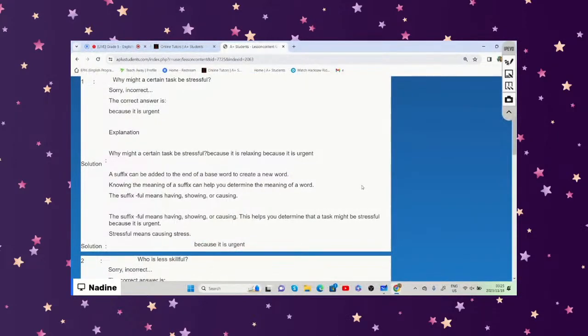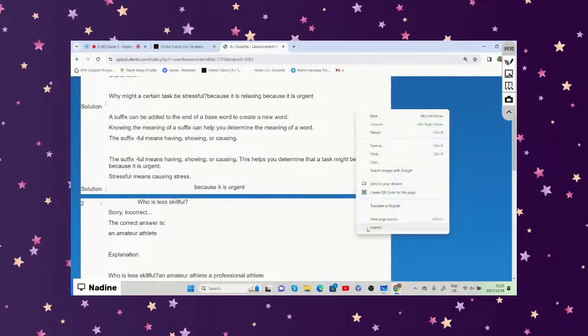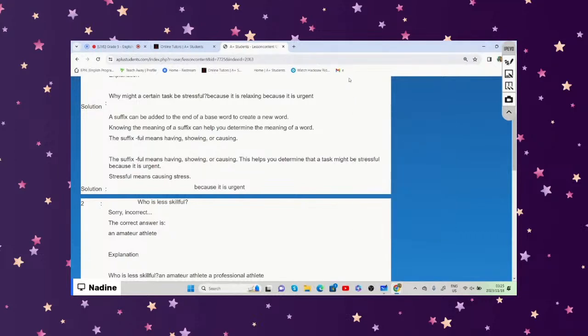Let's see. Can't reduce it. I really don't know how to make it less blurry. I'm gonna try and fix it.